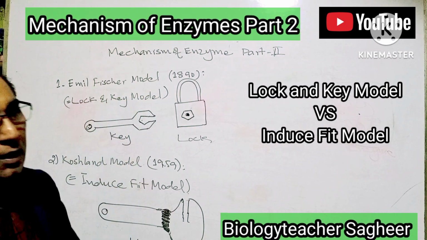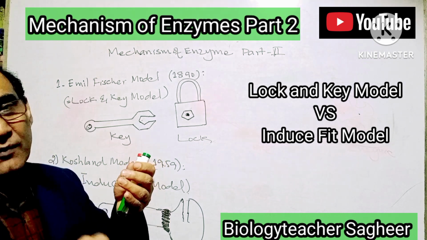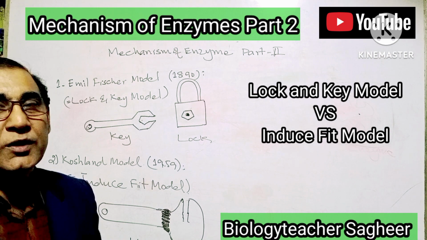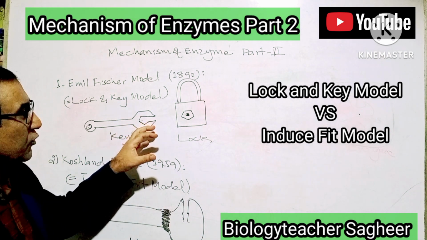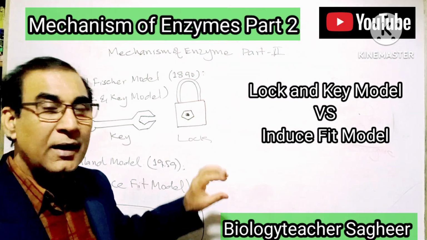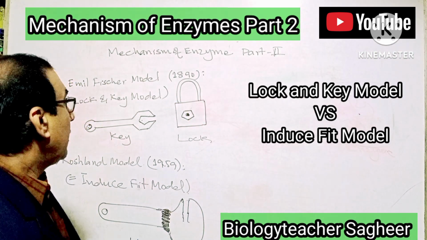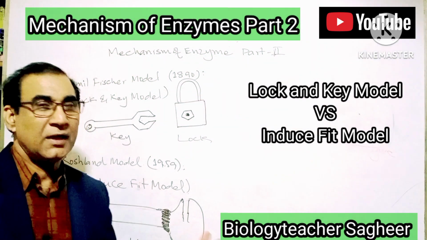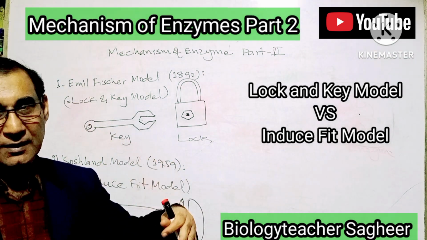According to him, if you have a lock, you have a specific key by which that lock is opened. In other words, there are keys which are used for opening certain nuts and bolts. Those keys are specific. Say 8 number key and 10 number and 11 and 12 number keys are there.